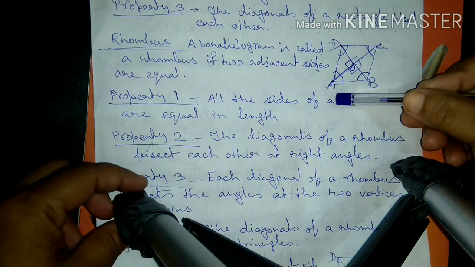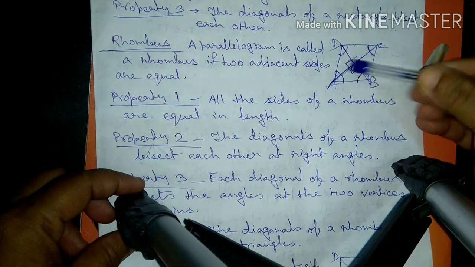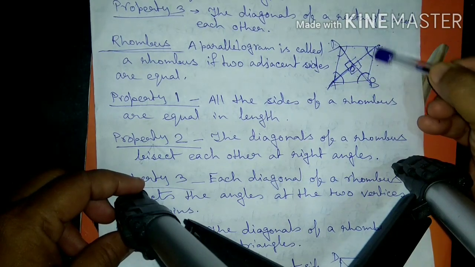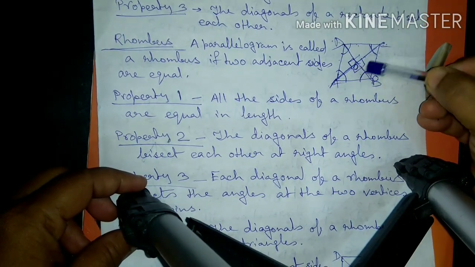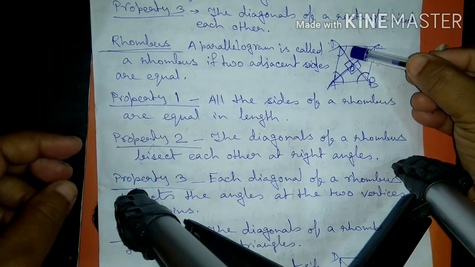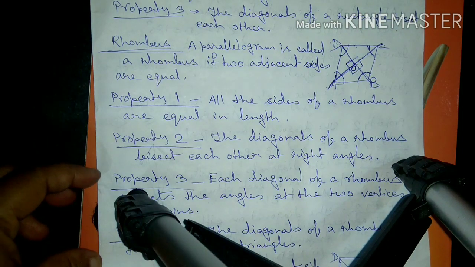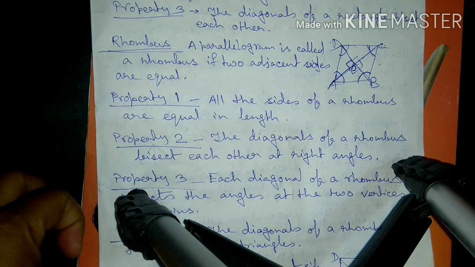Then AB equals DC, and BC equals AD. All are equal inside. That means the diagonals form 4 congruent triangles. Alright, this is all about the rhombus.